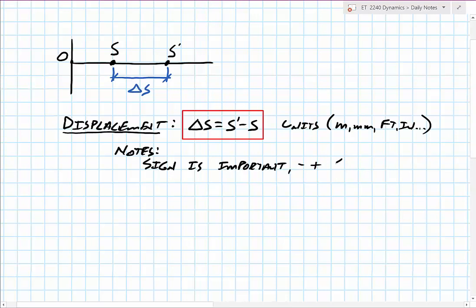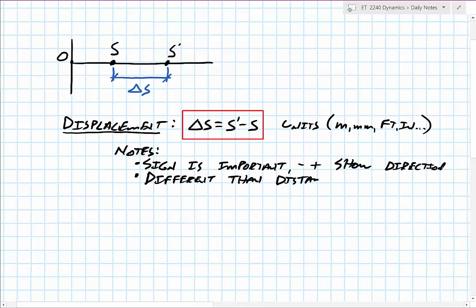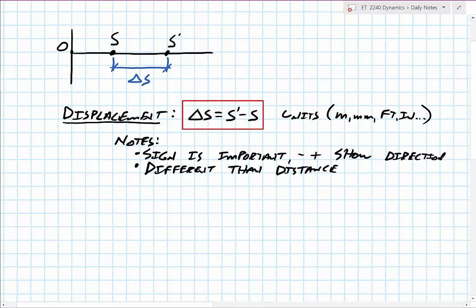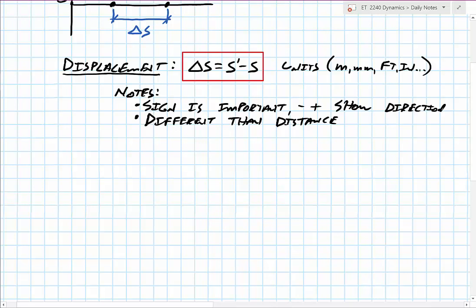So the sign shows the direction of travel. Also, this is different than what we use in everyday terminology of distance. So don't mix those two up. It's easy to do, and we'll have some problems that differentiate between distance and displacement.